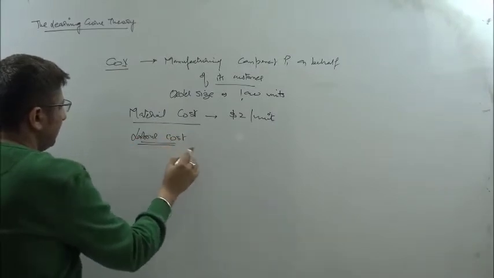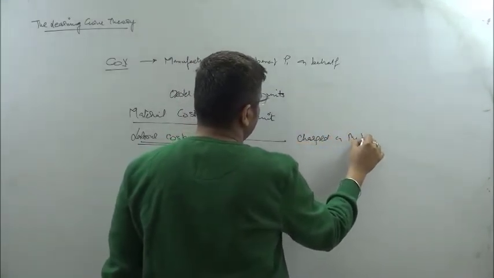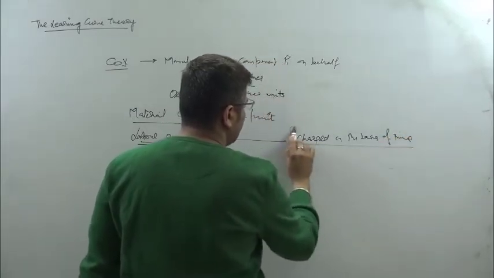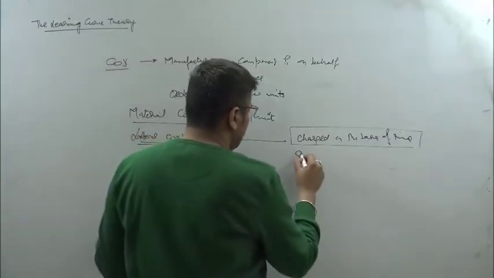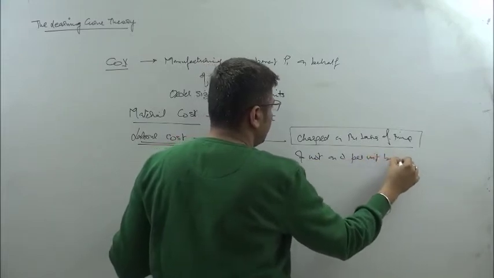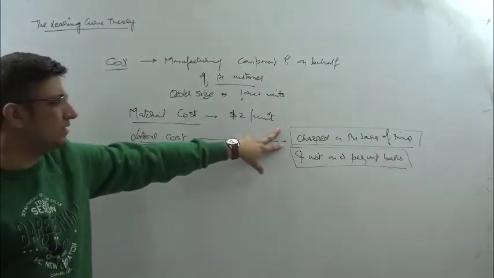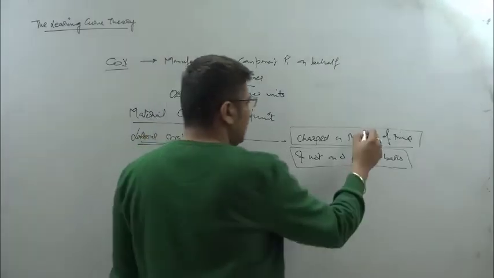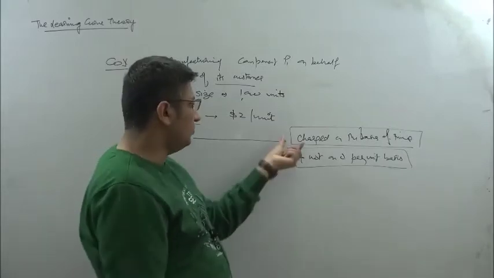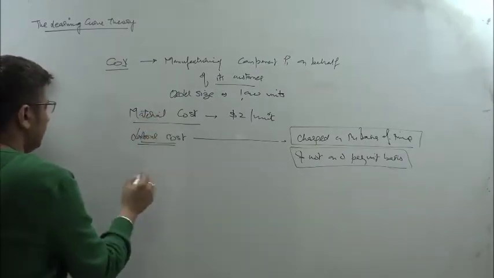Here we are saying that the labor cost is charged on the basis of time and not on a per unit basis. That's quite logical, to assume that the labor is being paid on the basis of the time they spend on a particular job or process, and that is how you would do the decision making as well.